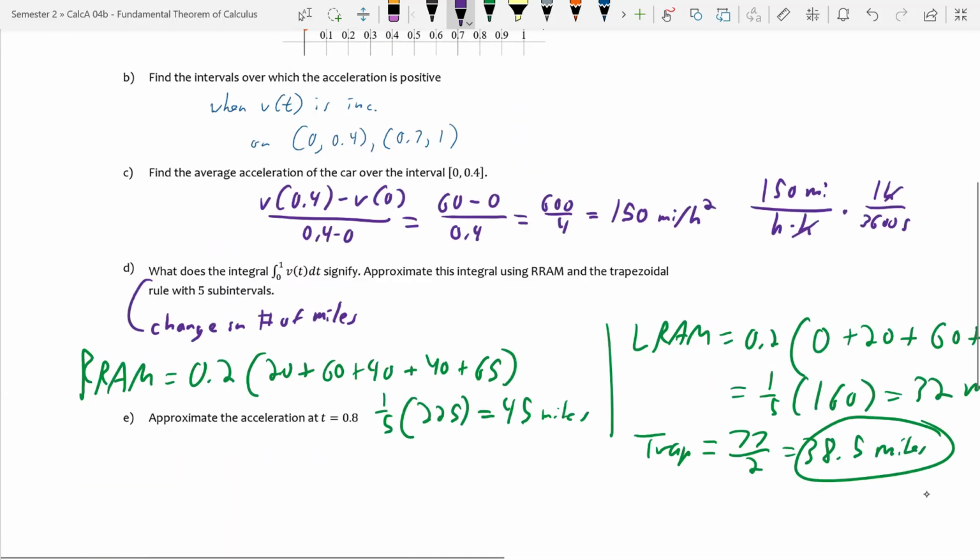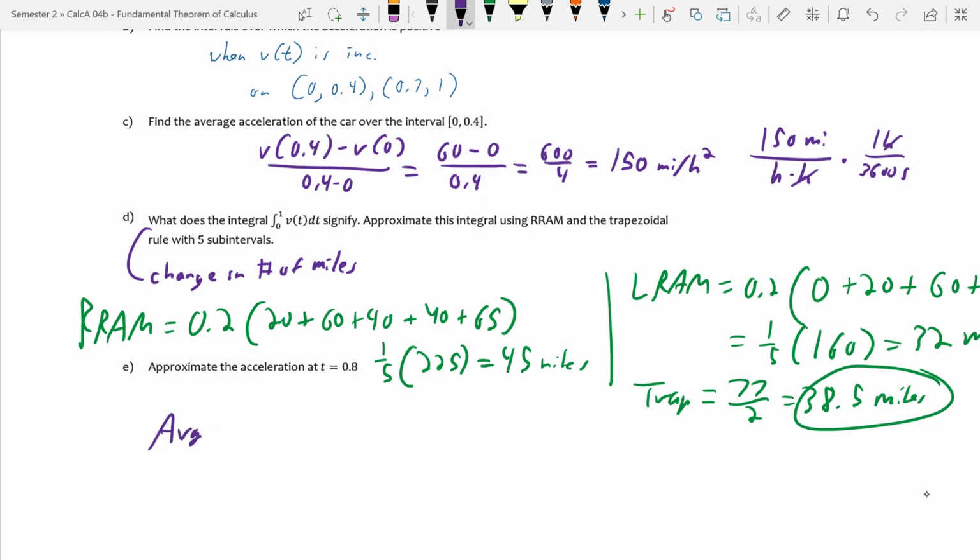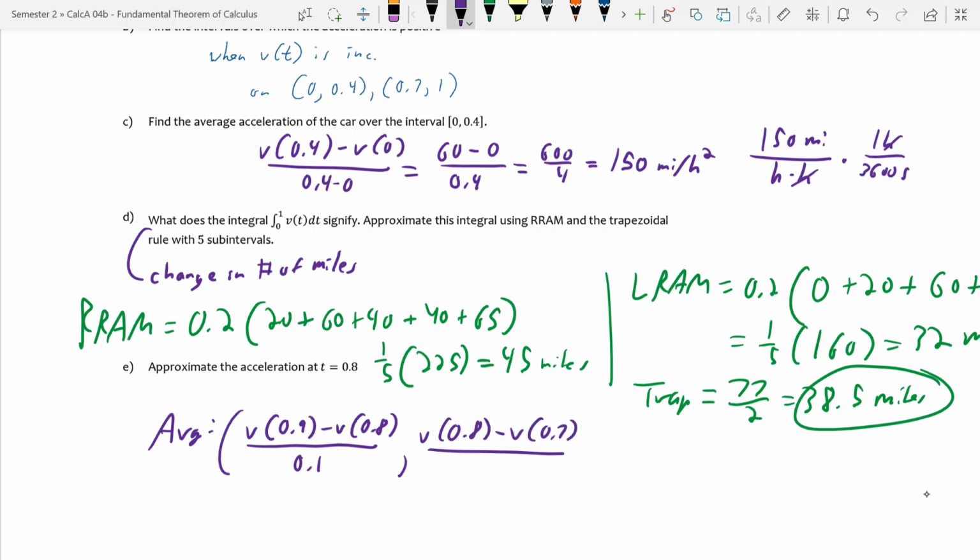So we do the average of v of 0.9 minus velocity at 0.8 over 0.1, and then the velocity at 0.8 minus the velocity at 0.7 over 0.1.